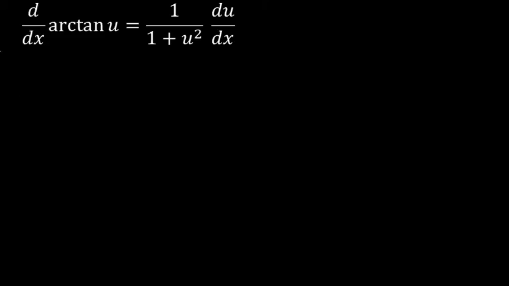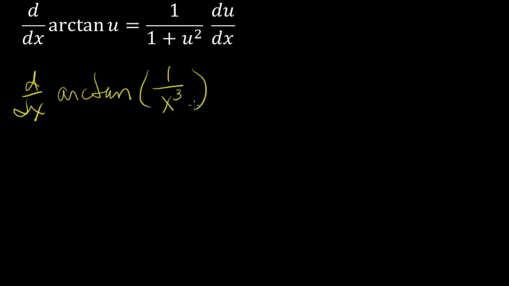Okay, so let's find, as an example, the derivative with respect to x of arctangent 1 over x cubed. Arctangent 1 over x cubed. Okay, so you're thinking of this as x to the minus 3 for the purpose of taking the derivative of u with respect to x.